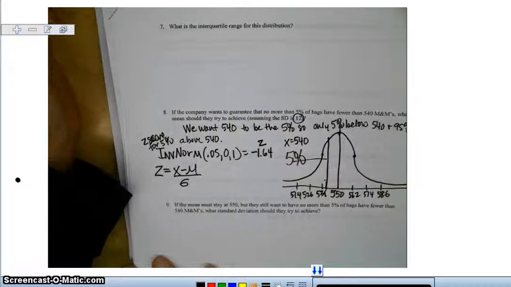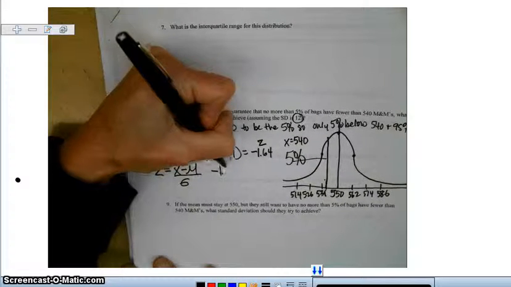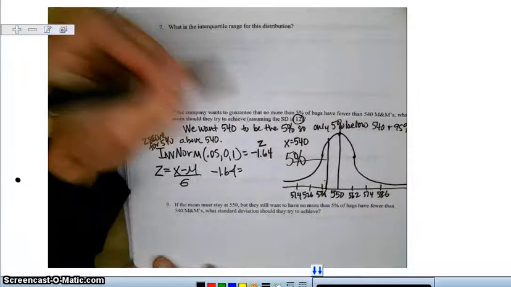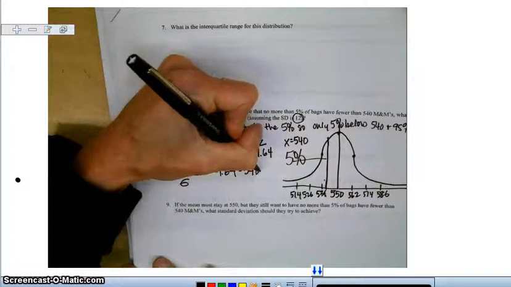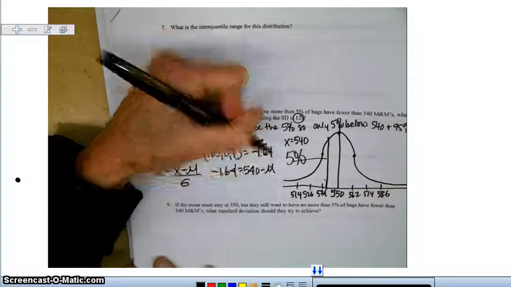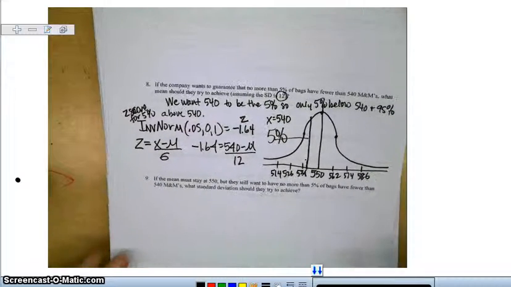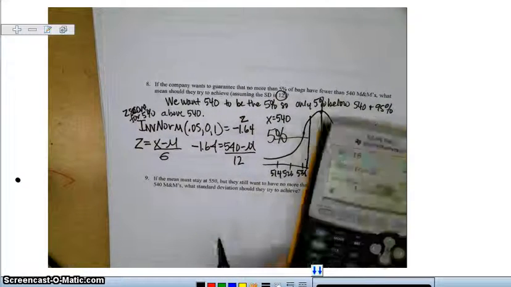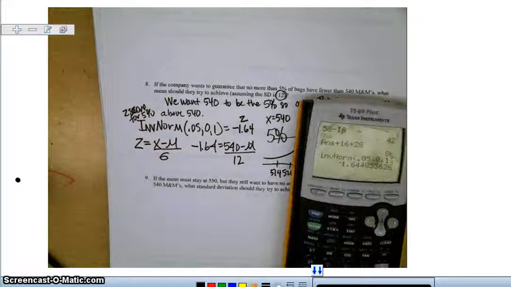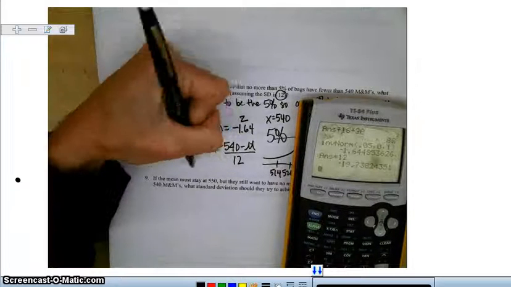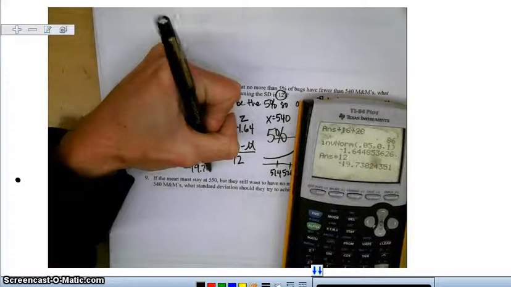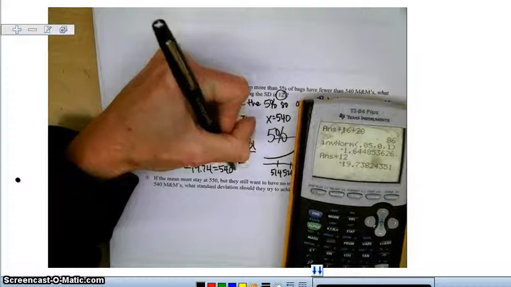My z-score is negative 1.64. My x value is 540. I am looking for what should the new mean be, and my standard deviation I'm keeping at 12. So to solve this, I'm going to multiply both sides by 12. So negative 1.64 times 12 gives me negative 19.74 equals 540 minus mu.